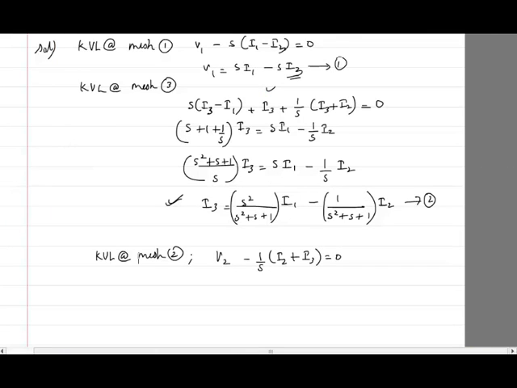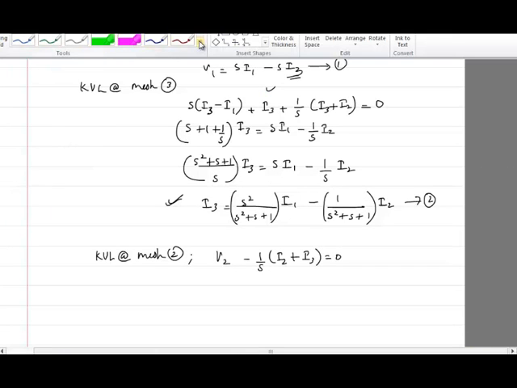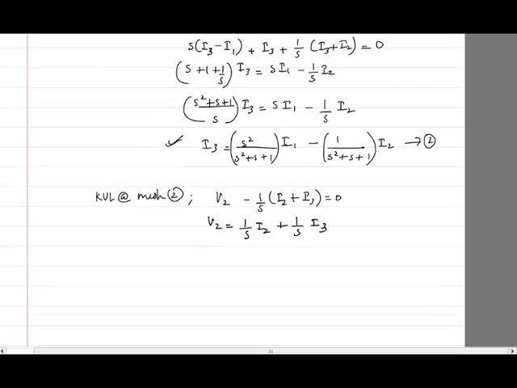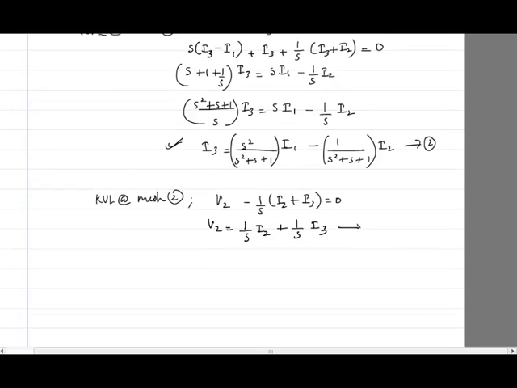So now from here, V2 is equal to 1 by S I2 plus 1 by S I3, correct? This I will write as my equation number 3.